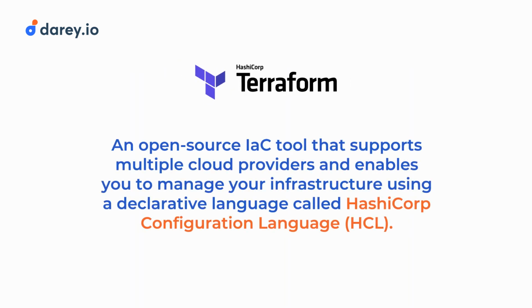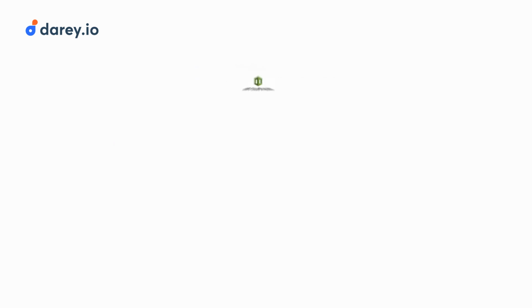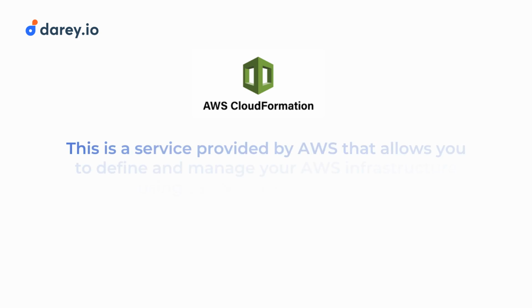Terraform, an open source infrastructure as code tool that supports multiple cloud providers and enables you to manage infrastructure using a declarative language called HashiCorp Configuration Language, HCL. AWS CloudFormation.